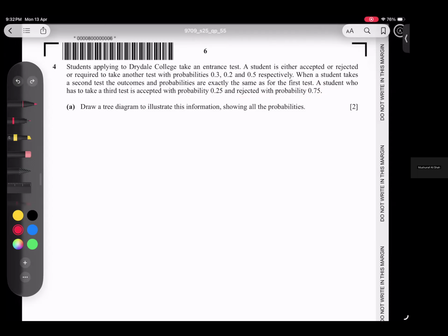So let's start. First chances, as he said, accepted. Second is rejected, and third is taking another test. We can say another try, or any letter for it, say next try. So what are the chances? First 0.3, then 0.2, then 0.5.